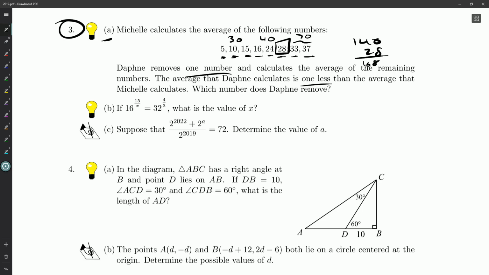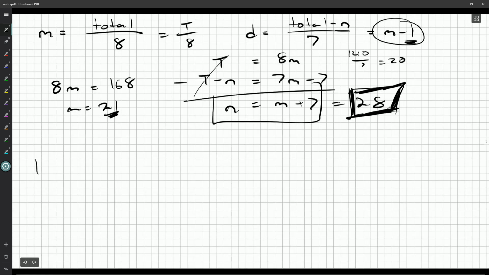Okay. B, we've got some exponential statements here. If 16 to the 15 over x is equal to 32 to the 4/3, what's the value of x? The first thing that catches my eye, both 16 and 32 are powers of 2, so I'd probably change those, because if you have two numbers with the same base that are equal, their exponents must be equal.